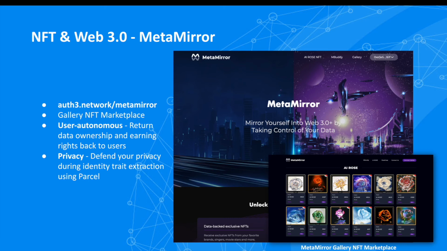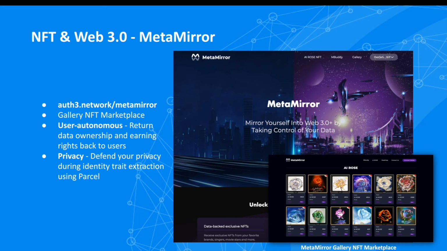Okay, it's really beneficial because now the user has this autonomous feeling that he can actually own the data, and he can actually own the rights, and he can decide if he will share the data or share something with other users or not.